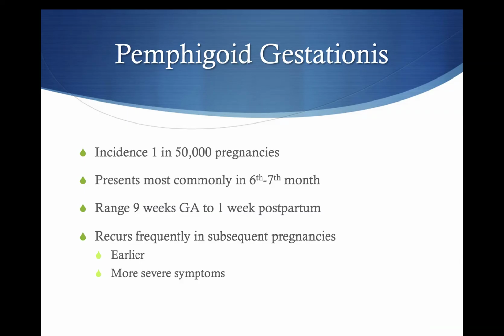This one tends to show up in the 6th to 7th month typically, though it has a very wide range, as you can see, from 9 weeks up through postpartum. It can recur in subsequent pregnancies, unlike other conditions. And when it does recur, it typically might start earlier than the index presentation and often with far more severe symptoms.